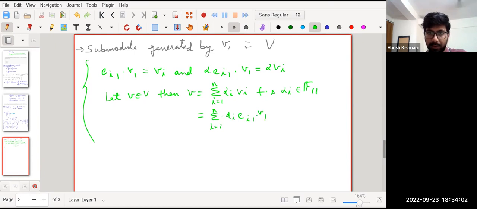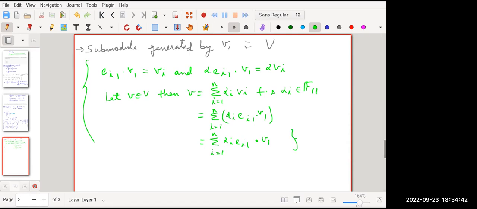Now, as it is a module, you can take this sum inside, and it will just be the sum from i equal to 1 to n of alpha i e i1 dot v1, right? So each element of v is just a scalar multiple of your v1. So the sum module generated by v1 is just the collection of all scalar multiples of v1. So the sum module generated by v1 is v. Agree? Yes, sir. Okay, nice.